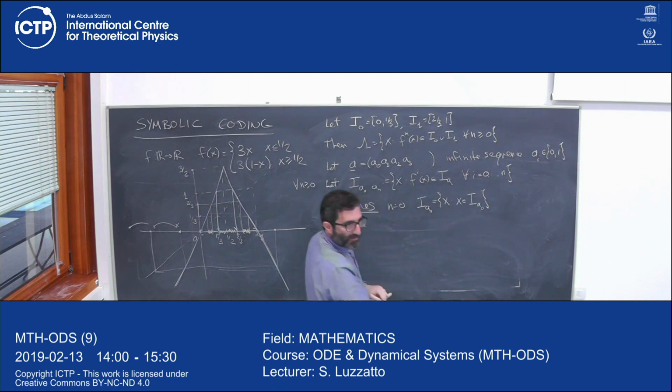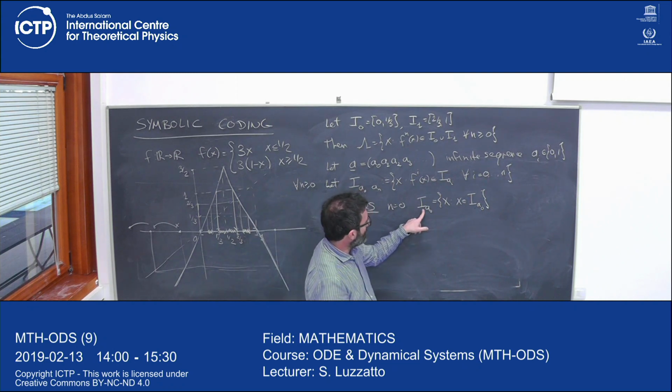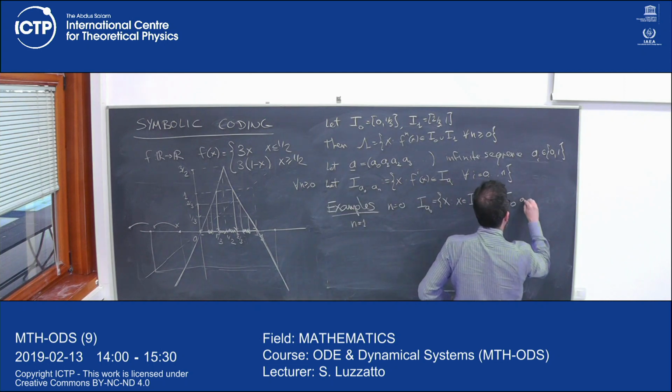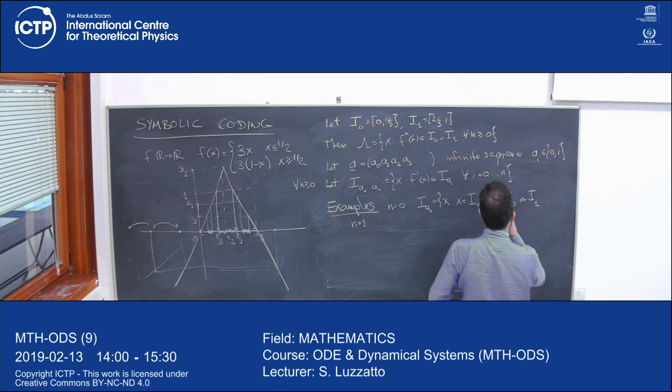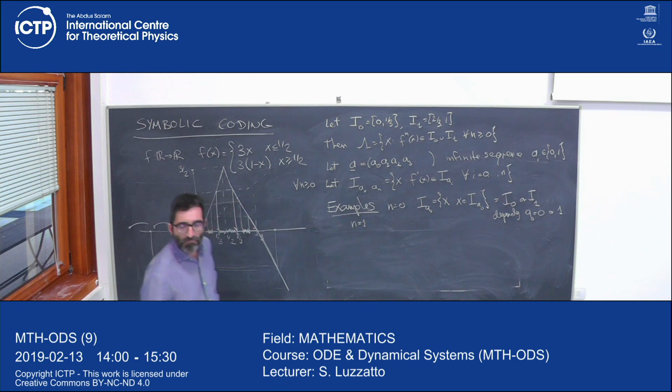This is the only part in the definition. So how many possibilities are there? It is I0 or I1, depending on whether a0 equals 0 or 1, whatever that is.